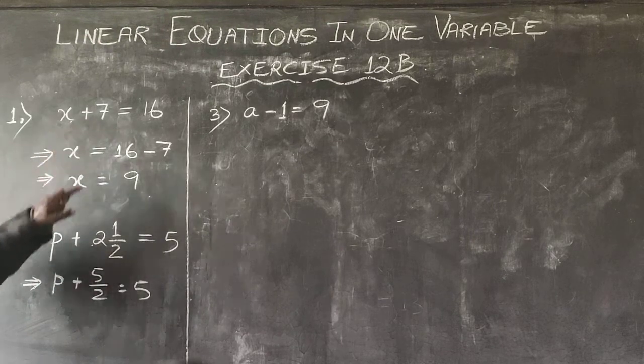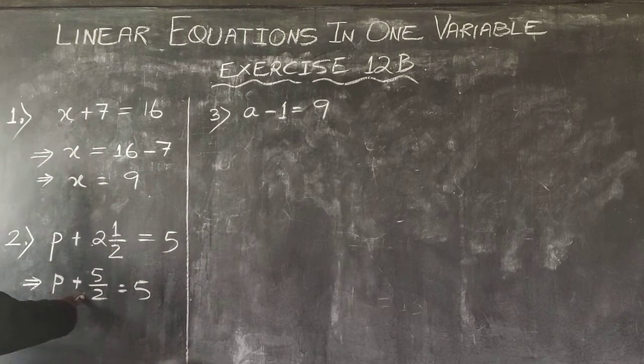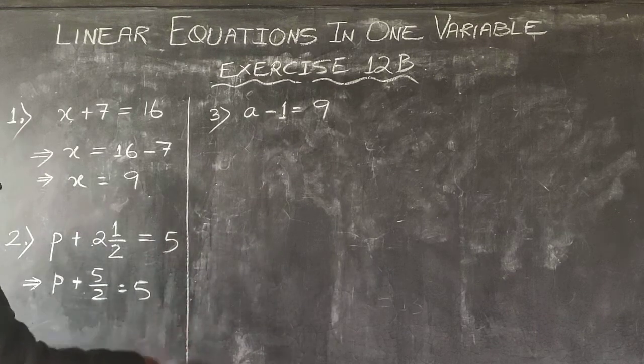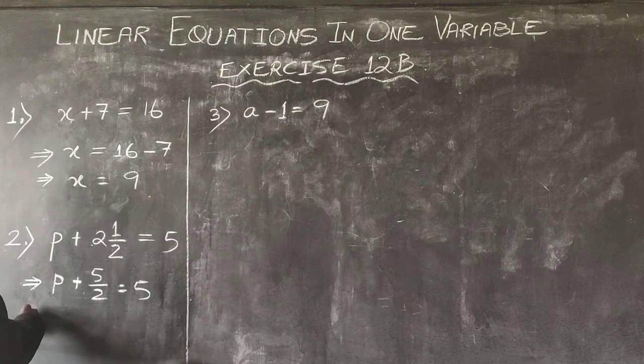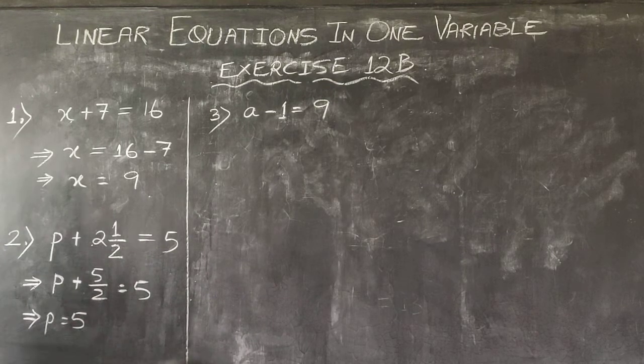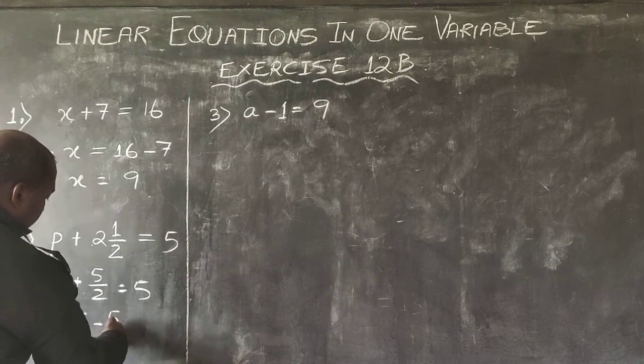This had a plus sign, this also has a plus sign. So this fractional number, when it has to cross and go on the other side, from plus 5 by 2, it will come this side and become minus. On the other side you have already 5 present. So this plus 5 by 2 will go on this side and become minus 5 by 2.